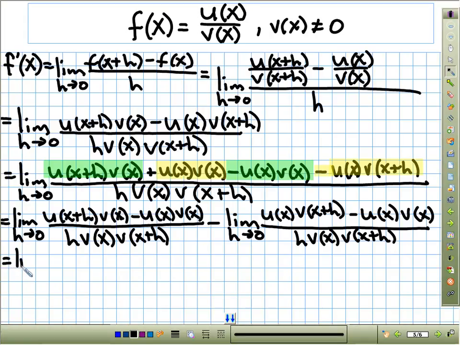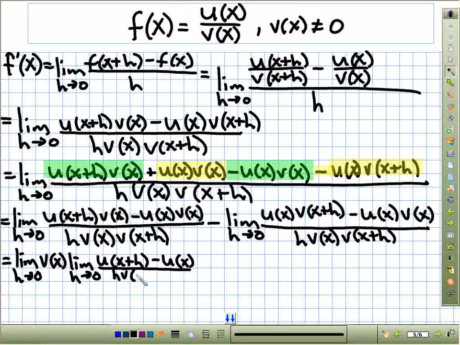So I've got the limit as h goes to 0 of v of x times the limit as h goes to 0 of u of x plus h minus u of x, all over h v of x v of x plus h.